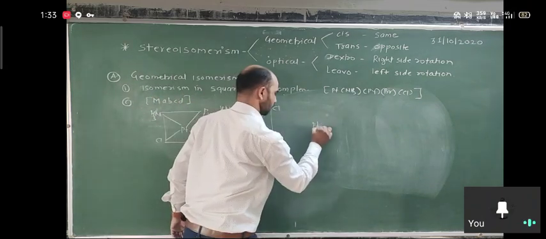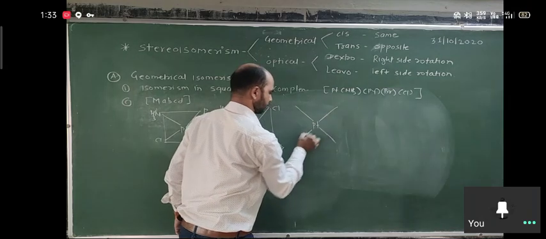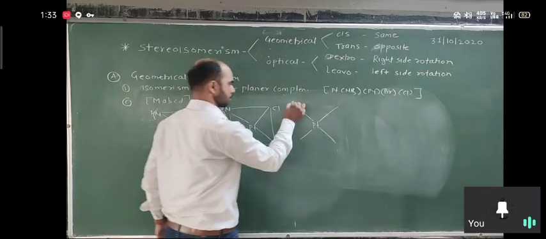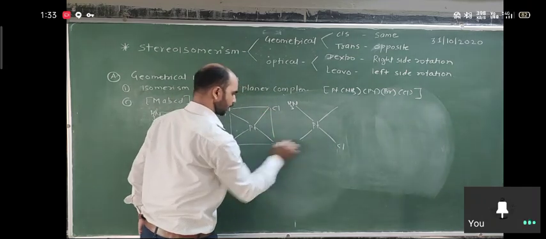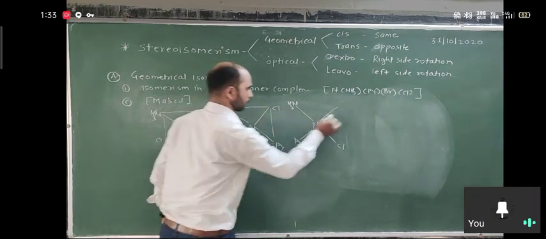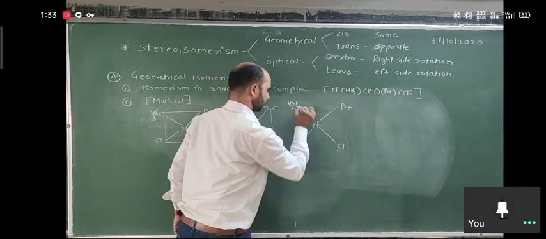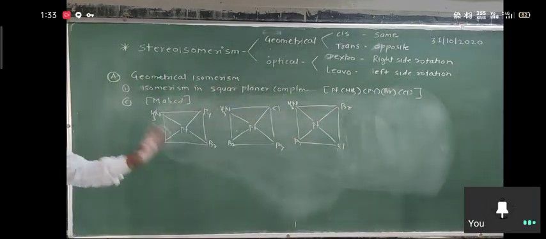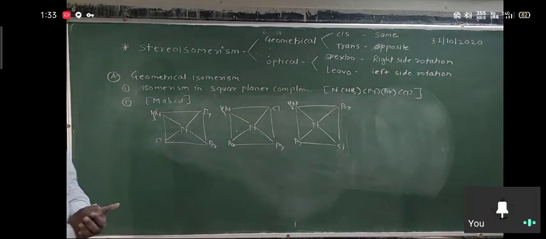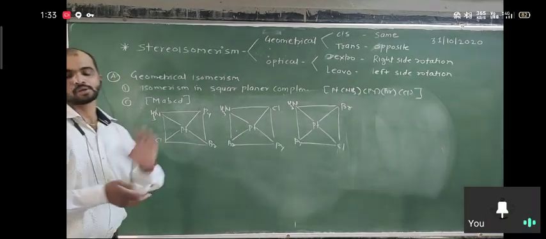In the next, NH3 remains on the first position, Cl is here, pyridine, bromine. So these are the possible isomers. So three possible isomers in an M A B C D type of complex.